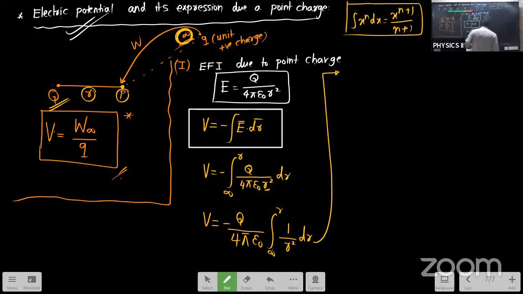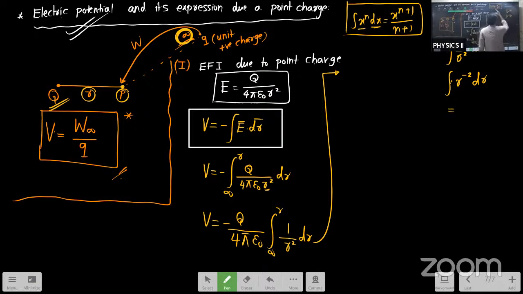So see here, what integration are we getting? Here we are getting integration of 1 by R square. Let me solve that here. Integration of 1 by R square dr can be written as integration of R power minus 2 dr. What I did is I have taken the denominator to the numerator, so plus 2 becomes minus 2. Let us apply this formula: integration of x power n dx is equal to x power n plus 1 divided by n plus 1.